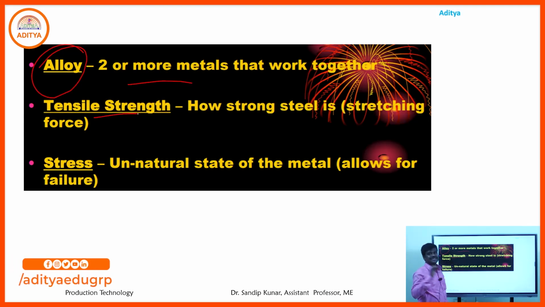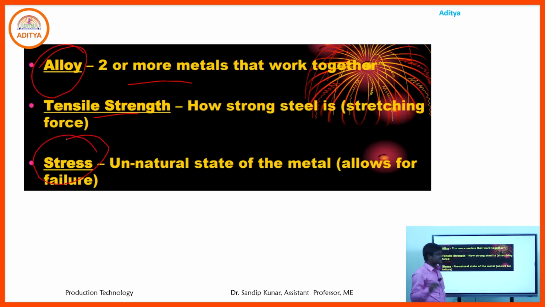Tensile strength means the stretching force. Stress means the unnatural state of the metal. In terms of strength of materials, stress is internal resistance per unit area. Here, the unnatural state of the metal is called stress.